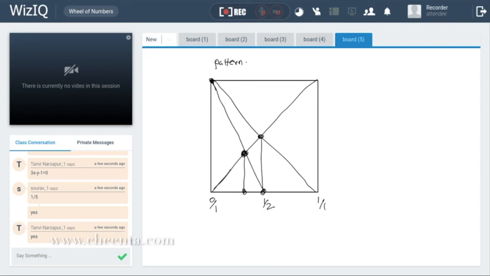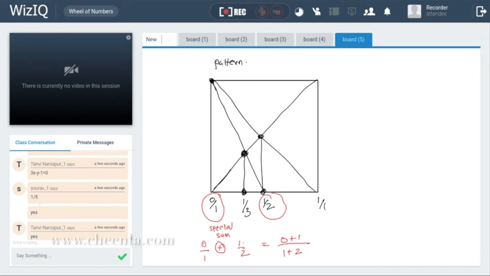Drop a perpendicular again. We got this as 1/3. But look into the curious way of finding 1/3 from these two. 0 by 1, let's call this special sum, 1 by 2 is equal to 0 plus 1.